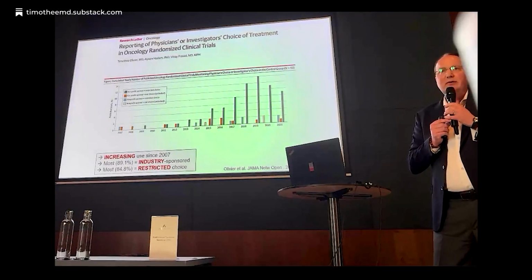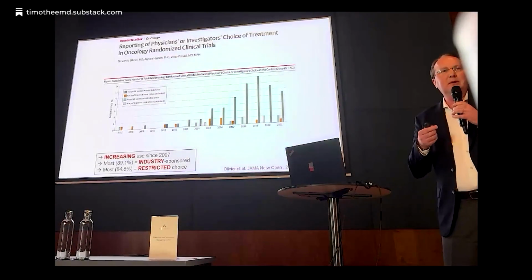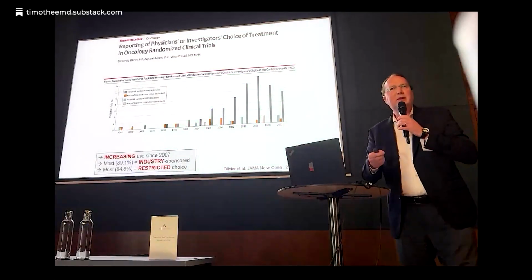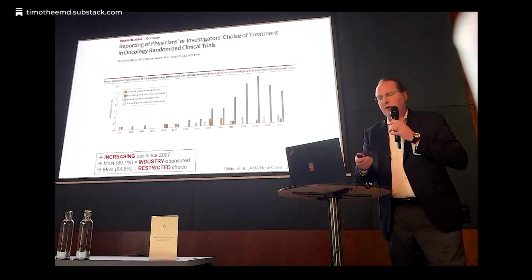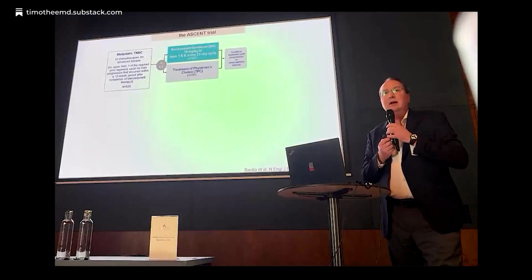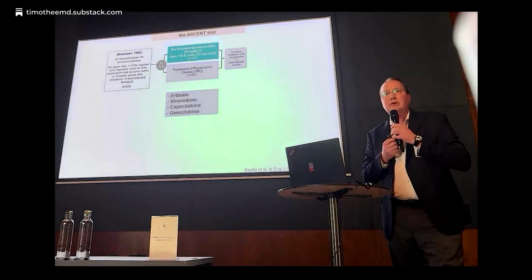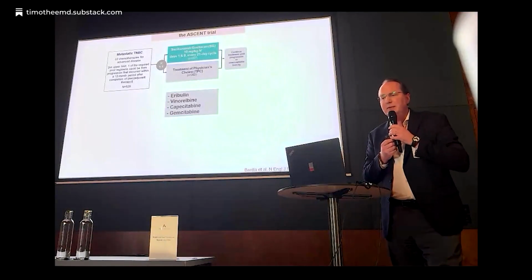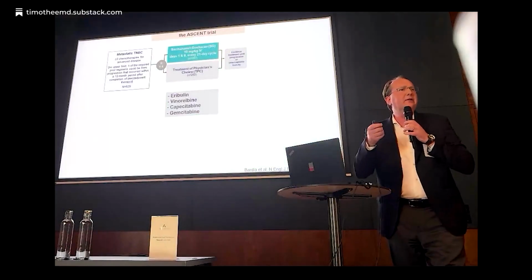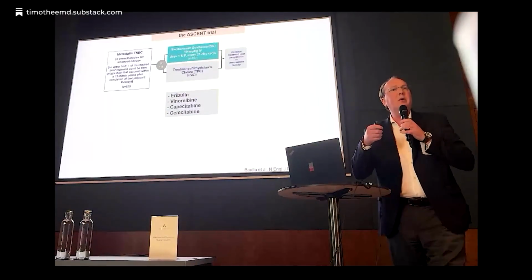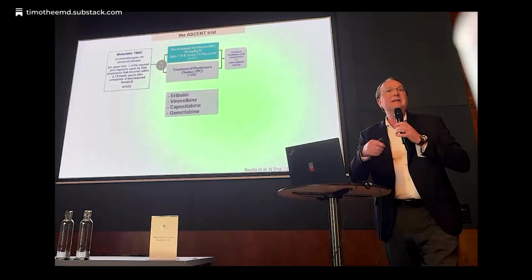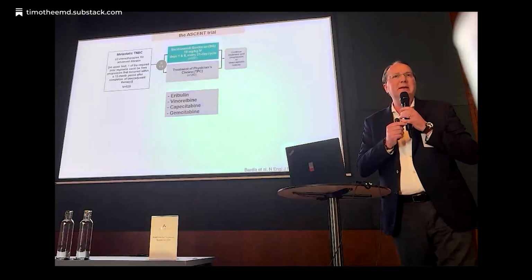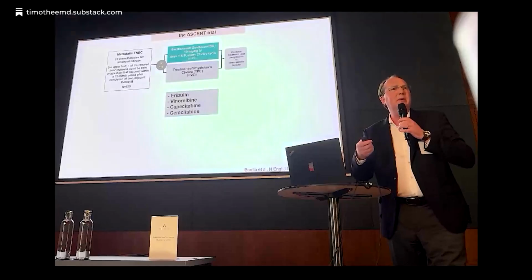Now, I hear you say, okay, Timothée, it's a restricted choice, but if you are offering a lot of choices, what is the problem? Here, for instance, there were 4 choices: eribulin, vinorelbine, capecitabine, gemcitabine. As I told you already, these patients were heavily pretreated, at least 2 lines of chemotherapy in the advanced setting. So why am I complaining about that?